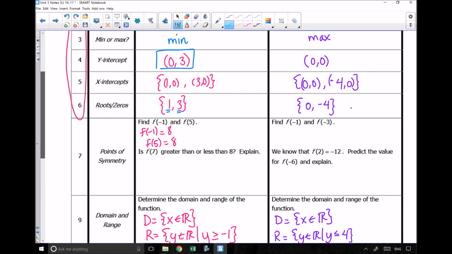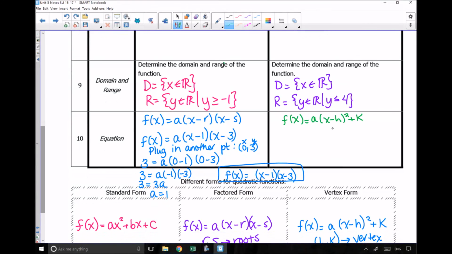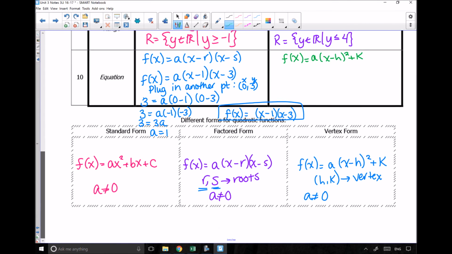Okay, so what I'm going to do is I'm going to plug in my vertex into my function right here. And I know h, k is my vertex, and I know negative 2, 4 is my vertex. So it's going to look like this. F of x is equal to a times x minus negative 2 or plus 2 squared plus 4, because the k value is 4 right here.